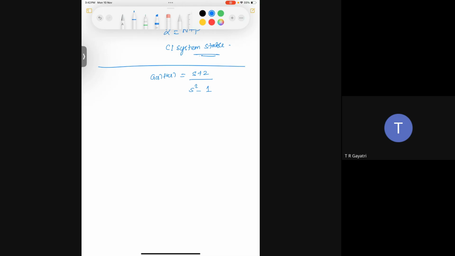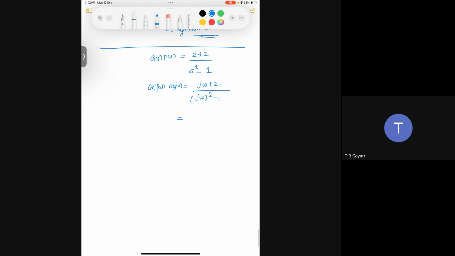So your G of j omega H of j omega would be j omega plus 2 divided by j omega the whole square minus 1. This will itself give me minus omega square.